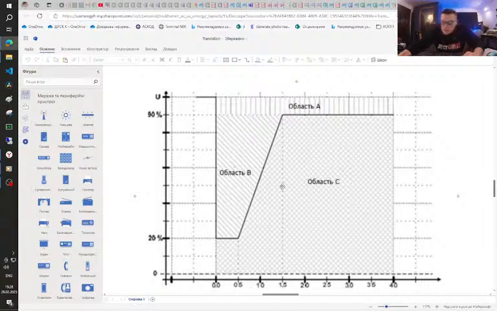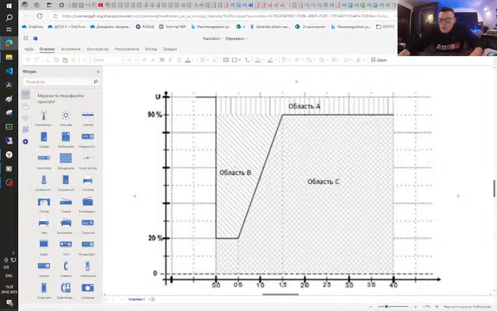And in area C, the wind farm should be disconnected from the grid. What's more, in area B, the wind farm should not decrease its power production.